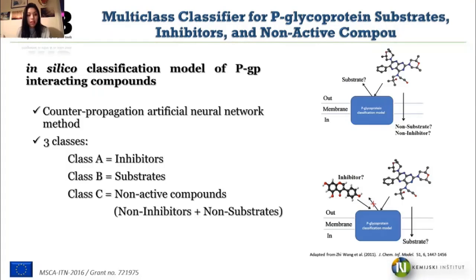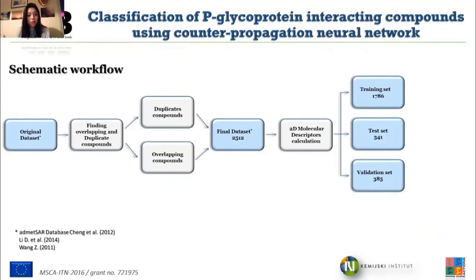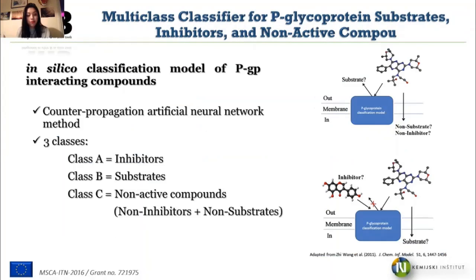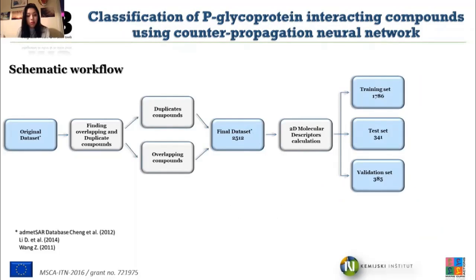The classification model was developed using the counterpropagation artificial neural networks, and 3 classes of compounds were included for the modeling. So these classes were the inhibitors, the substrates, and the non-active compounds. Here we have the workflow followed for building the model.